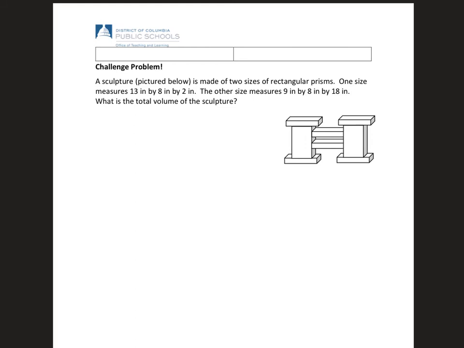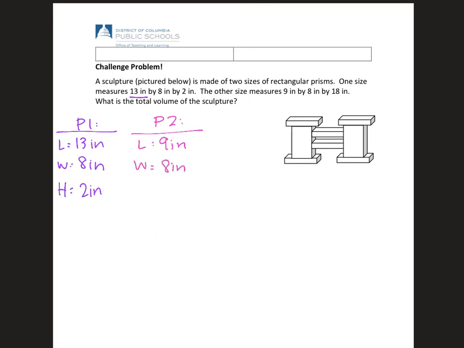So the first one, so sculpture 1, or prism 1, it says it has 13 inches by 8 inches by 2 inches. Okay. Prism 2 has 9 inches by 8 inches by 18 inches.